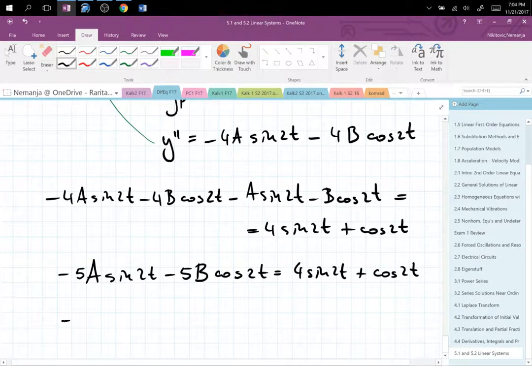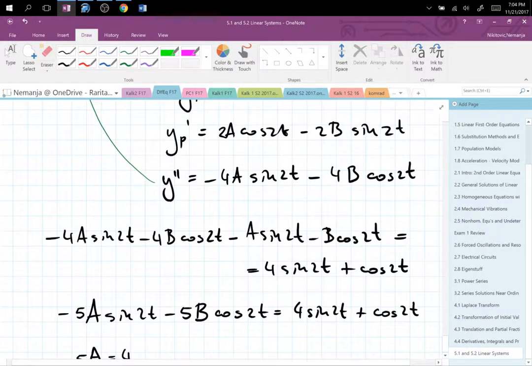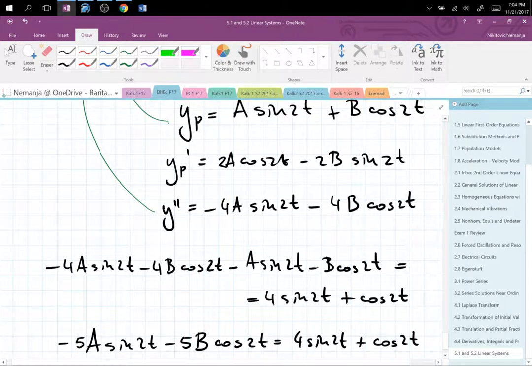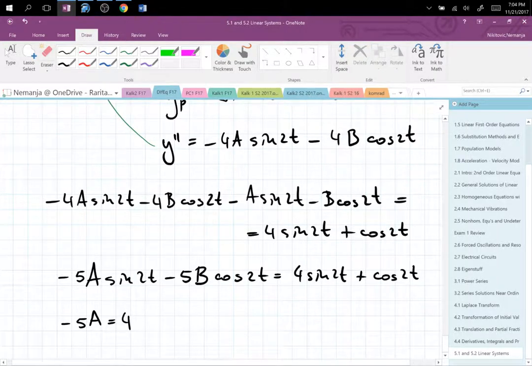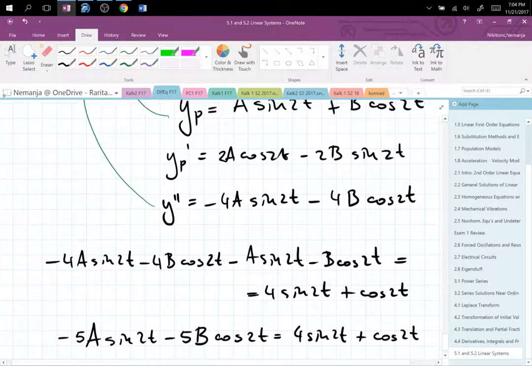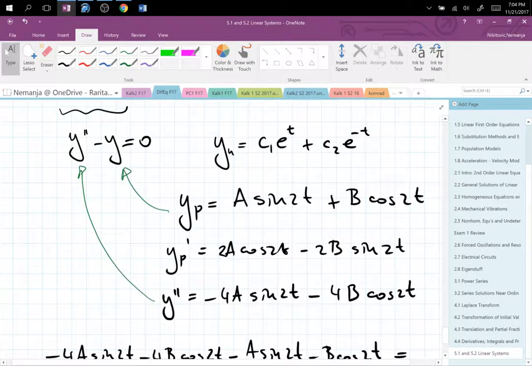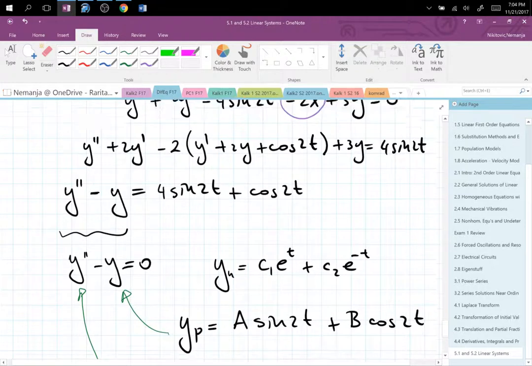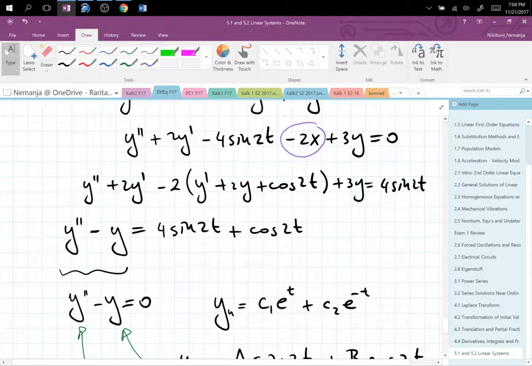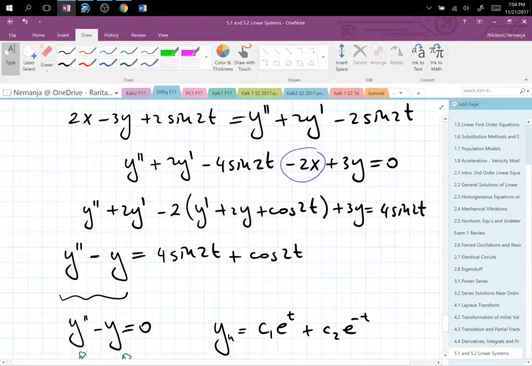Wait, no. You forgot the 2 cosine. You lost the 2 somewhere. Where did I lose my 2? Because it's minus 2 times y prime.